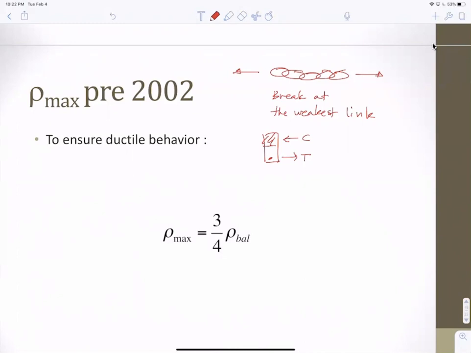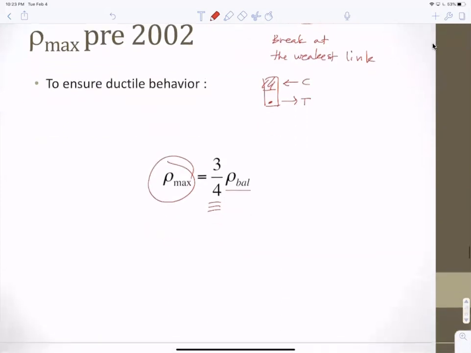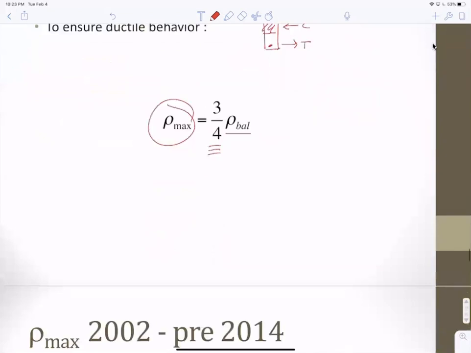So to guarantee that the steel is the weakest link, we're going to take only 75% of that balanced amount, and that's going to be the maximum amount of steel. This will guarantee that the steel fails before the concrete. This was in the code before 2002.